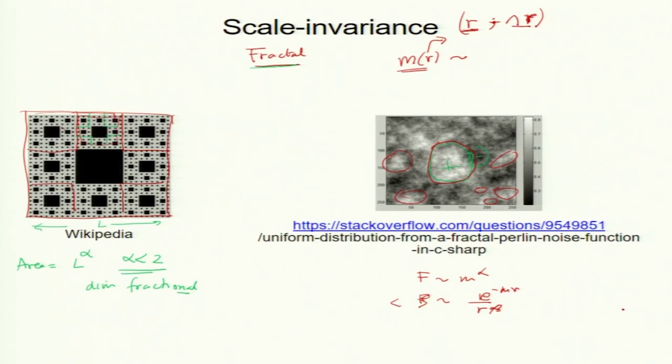If there was a scale for the mass, then it would be something like an exponential or sine of something of r times beta. But there is no scale, beta would give you the scale for length. There is no scale. So, this mass is like r to the power alpha.